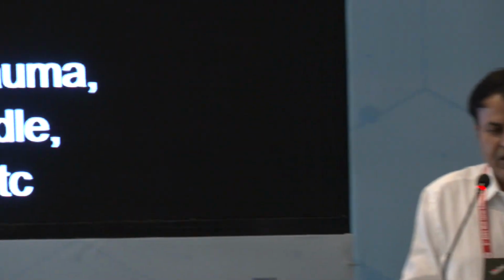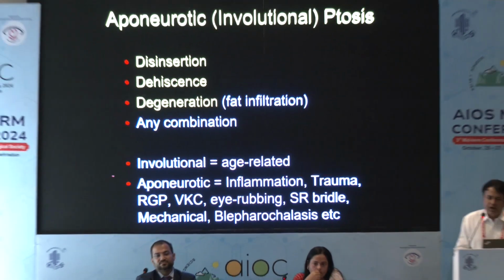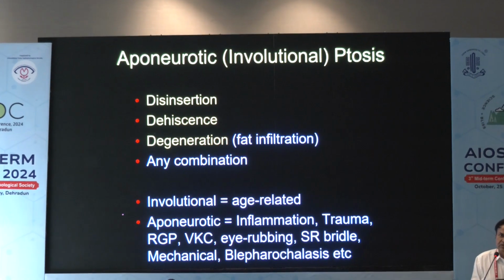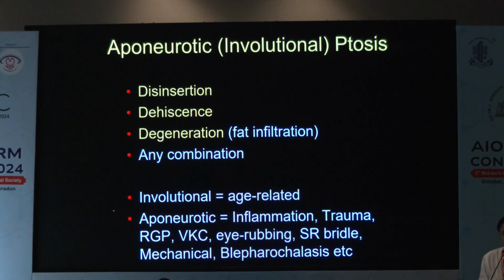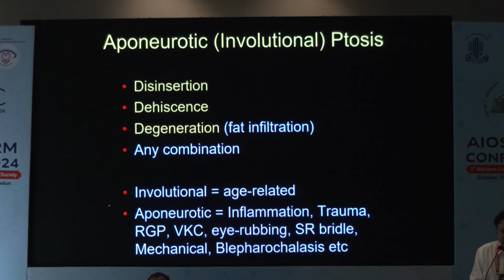Good afternoon. For the next 7 minutes or so, I'll be speaking about aponeurotic ptosis. Aponeurotic ptosis, also called involutional ptosis, involves disinsertion of the levator, dehiscence of the levator, or degeneration. Just remember the 3 Ds as the possible mechanisms. Degeneration could be a component along with disinsertion or dehiscence, or sometimes standalone.